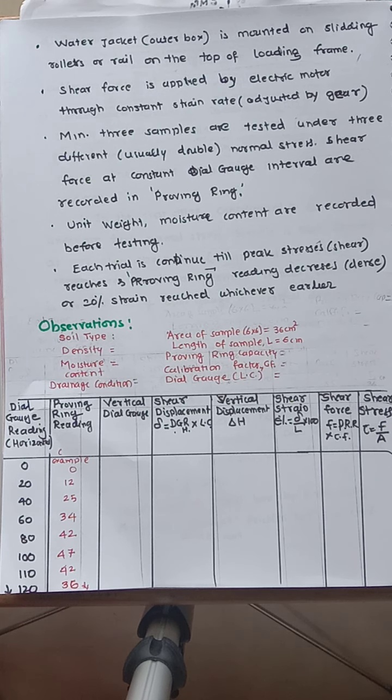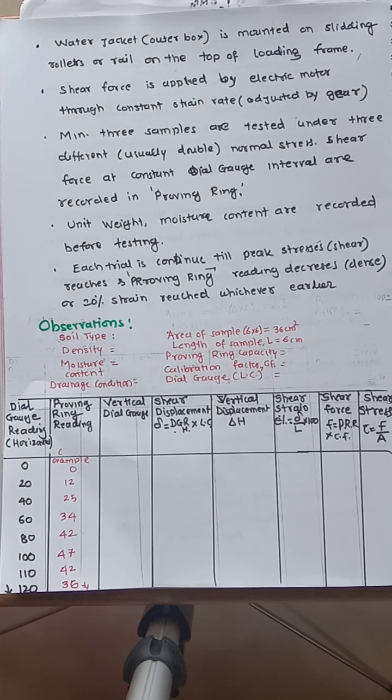This is perfectly ideal for a dense sample, but for a loose sample there is no peak value, so you get continuously increasing readings or almost a horizontal graph. In that case you can stop the test at 20% strain.